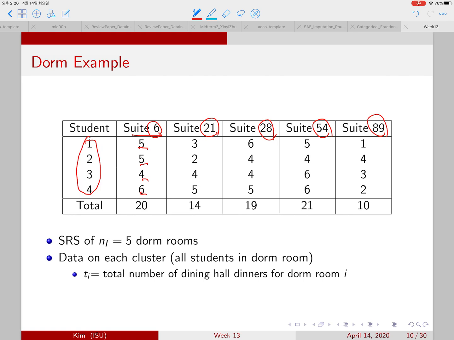Some students answer 5 nights, 4 nights, 4 nights, and 6 nights for the dining hall, something like that. The summation of these four values is the total. So for each cluster, we observe this t_i, the total number of nights per week to eat dinner.